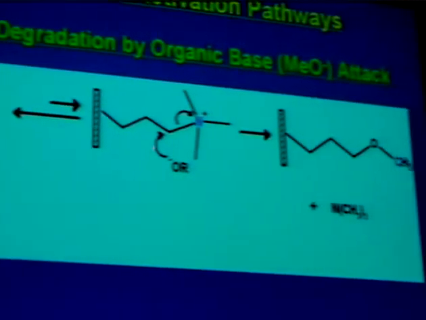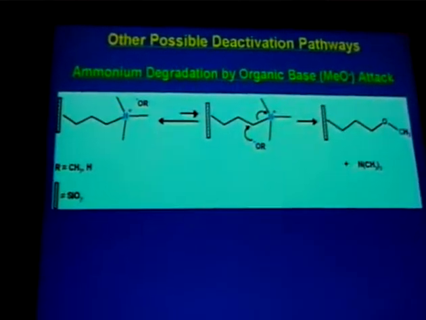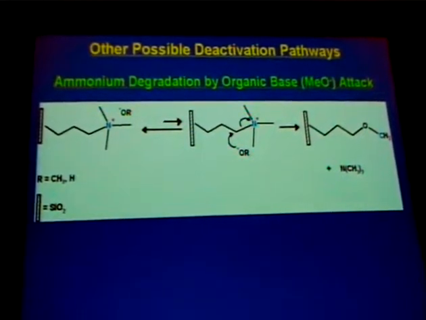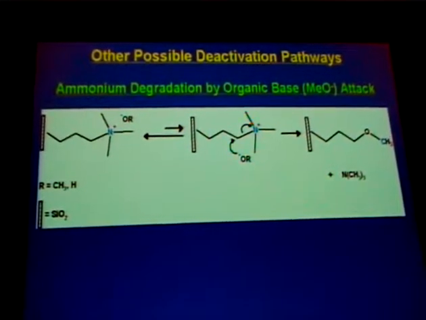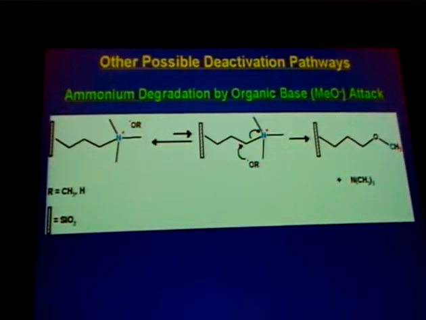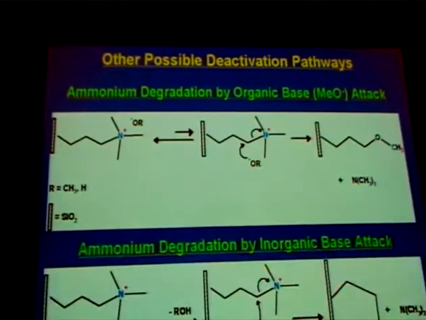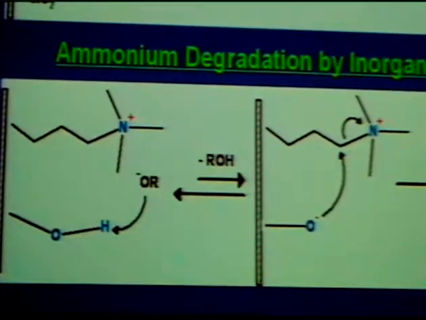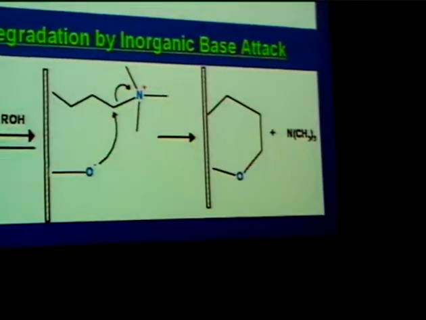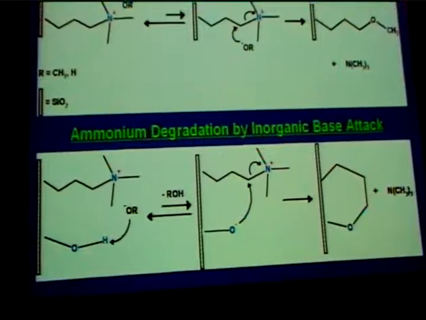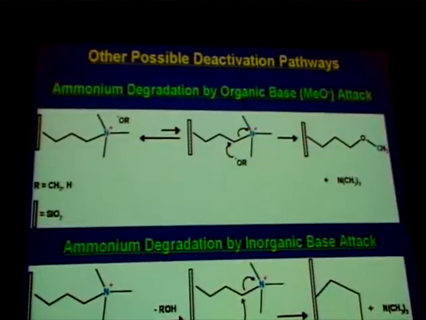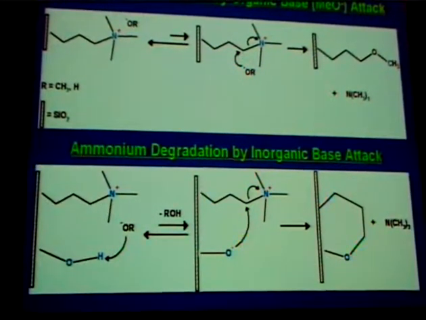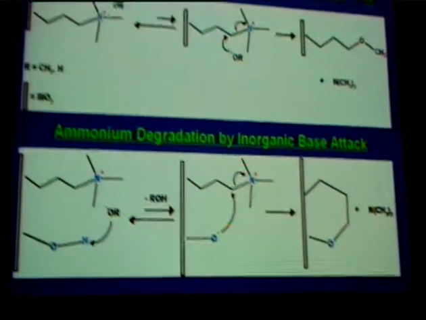If that's the case, then we get the leaching of the amine, and we get this species on the surface of the silica. So the question will be, why didn't it happen to the resin? Because we didn't see it for the resin. So we didn't like this explanation as much. The other possibility is that the basic species is able to interact with the silanol groups on the silica, and then you get these very strong base sites that are able to attack the alpha carbon, produce this type of species, and leach the amine.